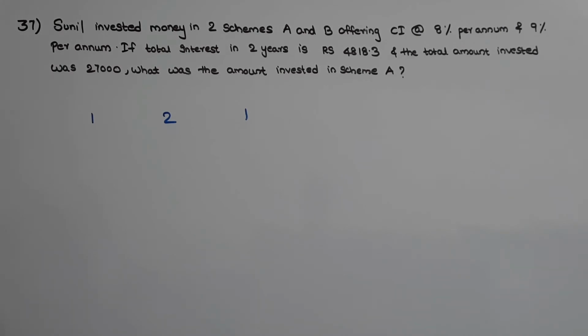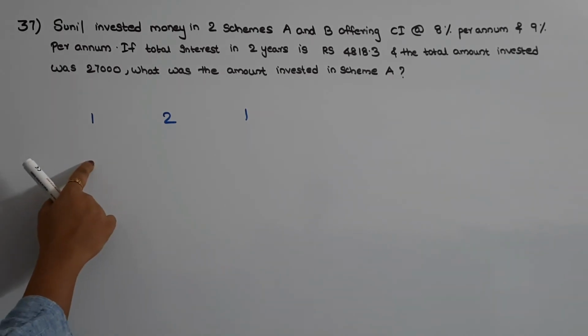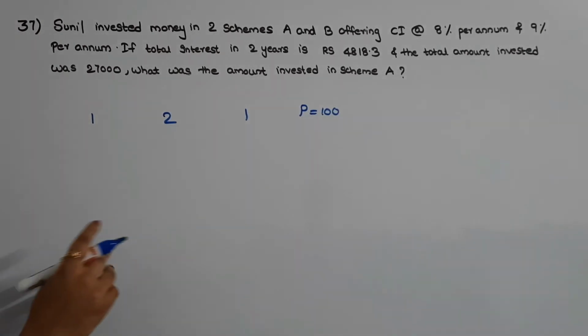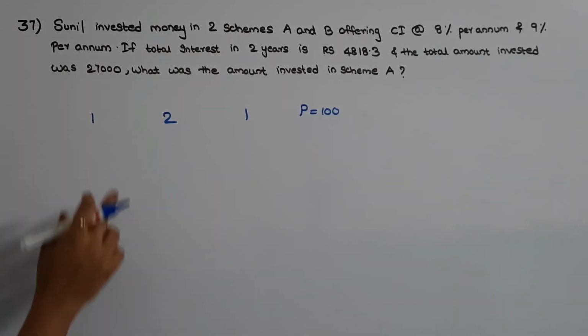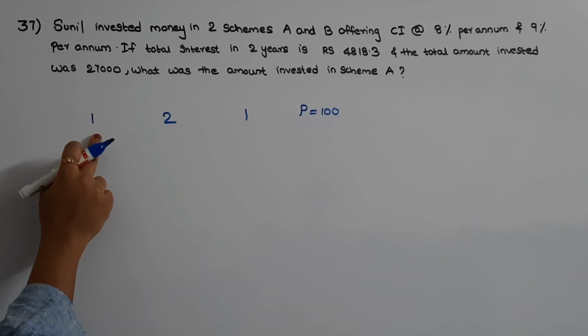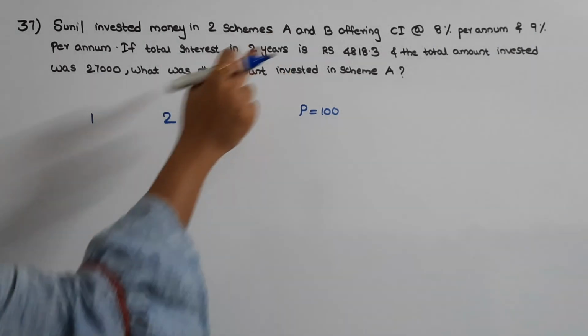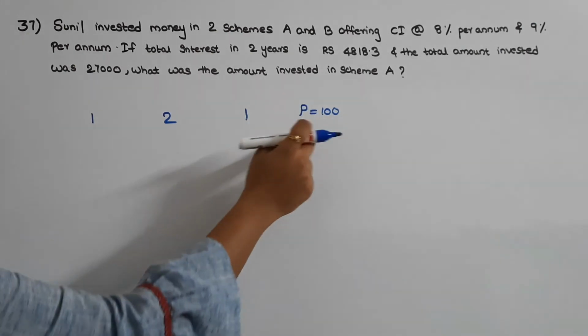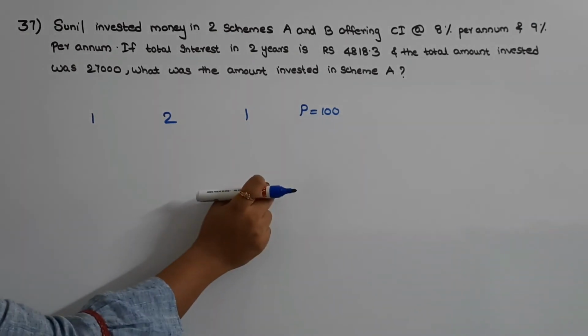But in this question, I am considering the principal as 100 for easy calculation. You can also take 27,000 here, then 27,000 into 8 by 100, then 27,000 into 8 by 100 into 8 by 100, and then find out the compound interest.